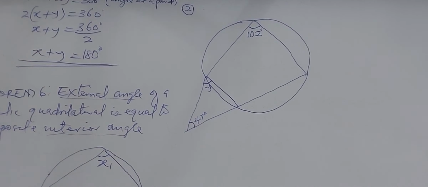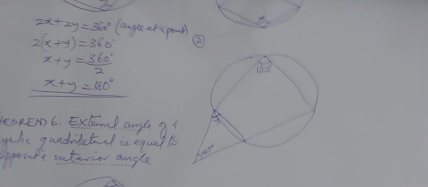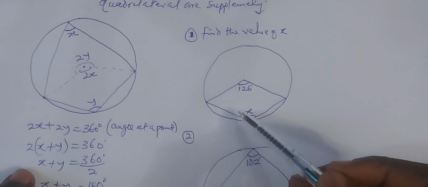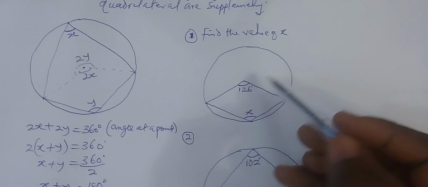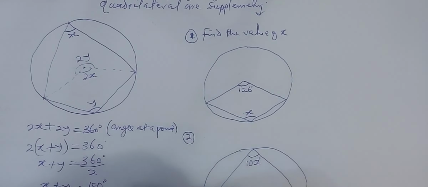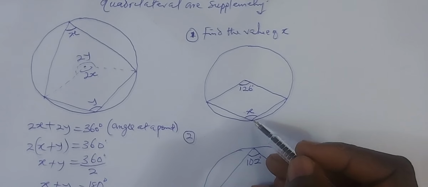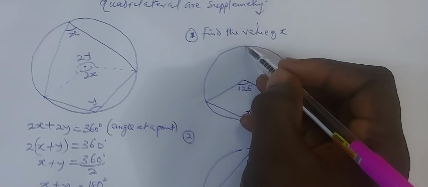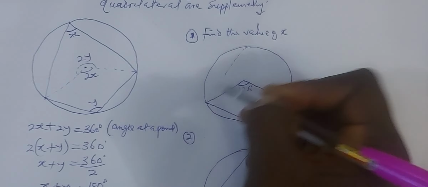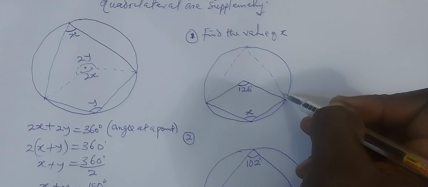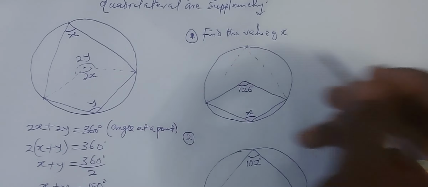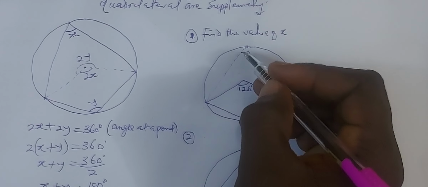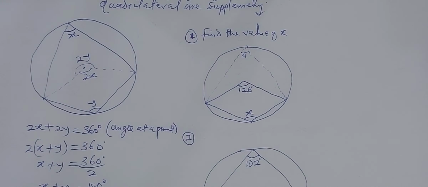So let's look at some of the examples we have and see how we can apply the rules. From here, you can see that we are given the angle at the center, and we are to find the value of x. You can use so many of the rules. You extend it so that you apply angle at center is 2 times angle at circumference. You can call here anything, you can call it small a.